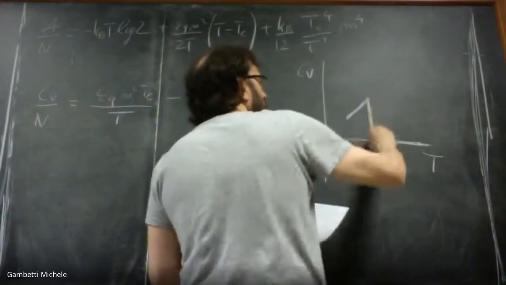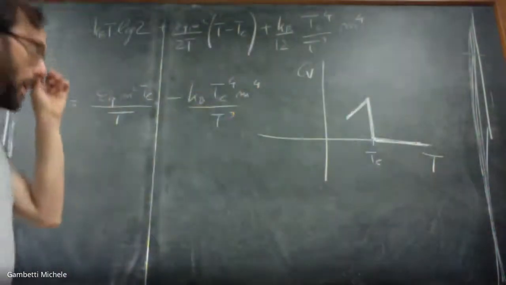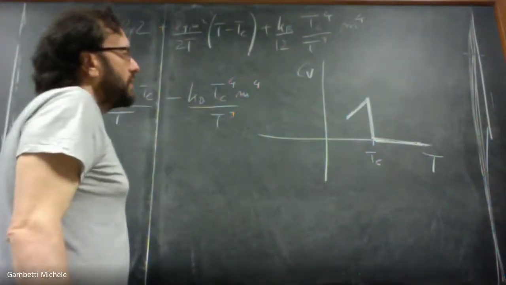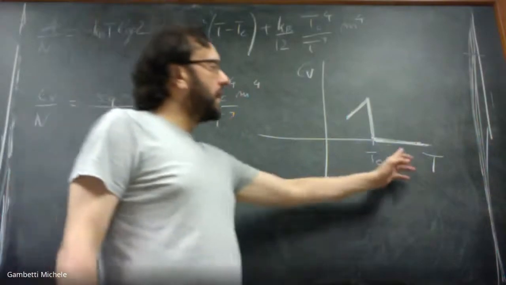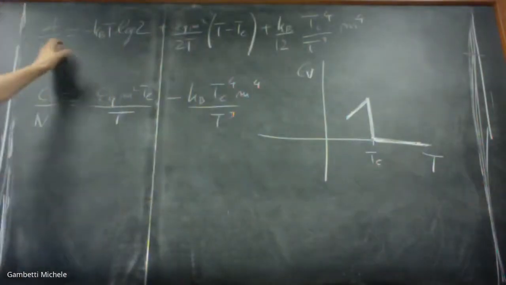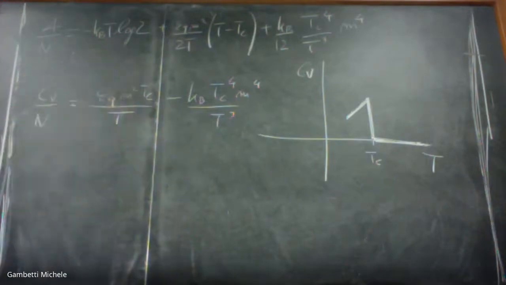So the behavior is something like that. So that's why there is no divergence of cb at the critical point. Now, for t larger than tc, it's equal to 0 because this quantity here will depend just on this term here. So then the heat capacity is 0.